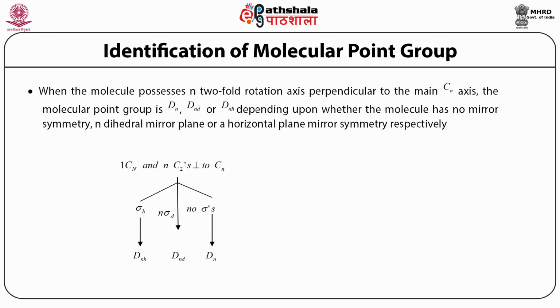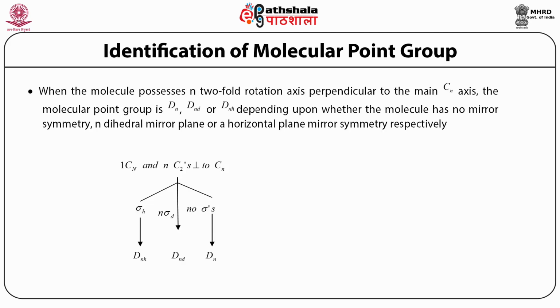Thus, to summarize, if there is one n-fold axis of symmetry, which is the main axis, and in addition there exist n twofold axes of symmetry which are perpendicular to this main principal axis, then having first categorized this, if there are no mirror symmetries, no sigmas, the point group this molecule belongs to is Dn.